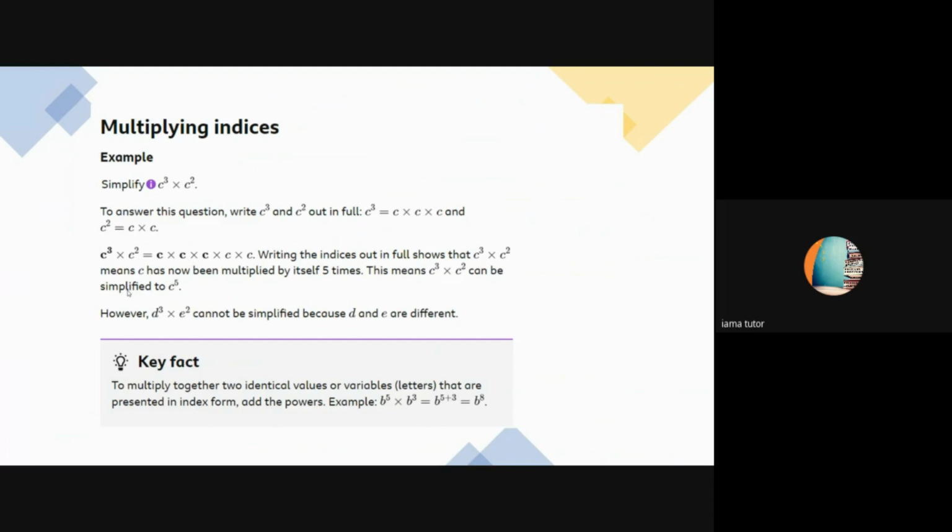I will show you with an example. There is an example, c to the power 3 and c to the power 2.